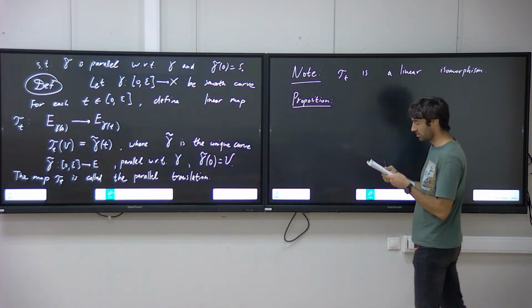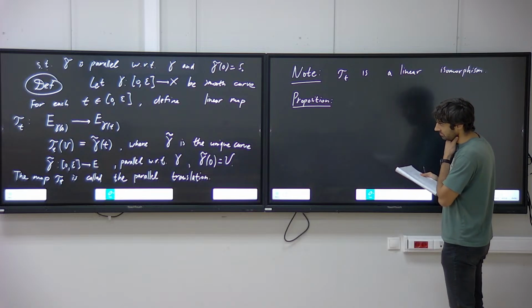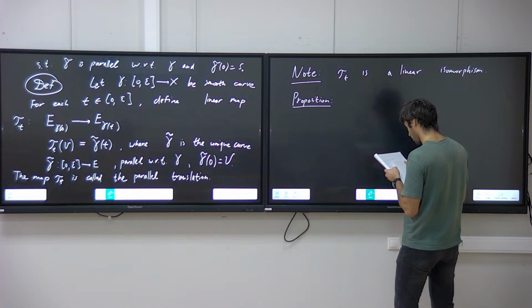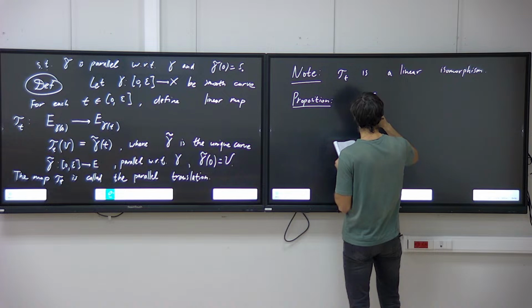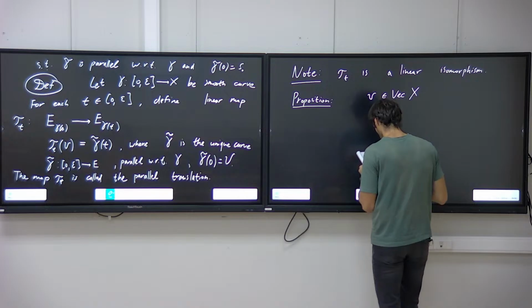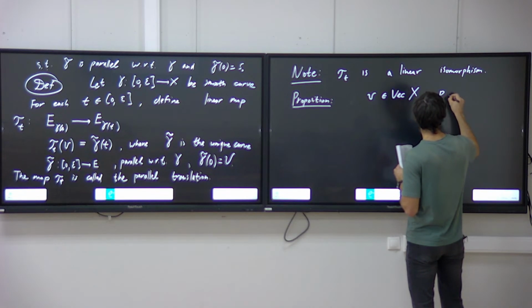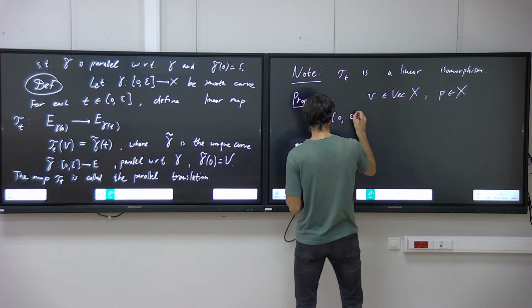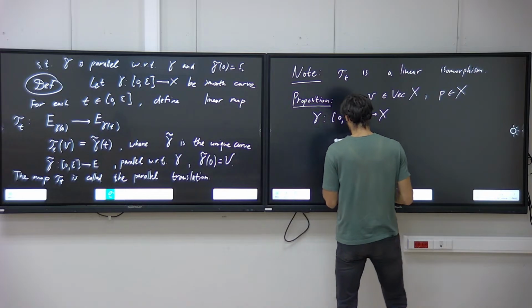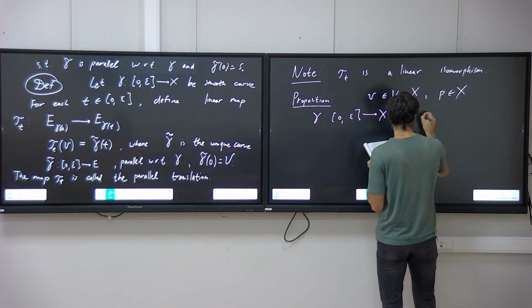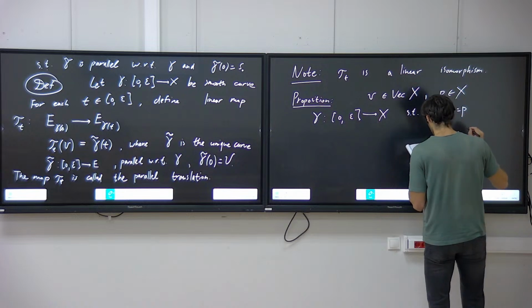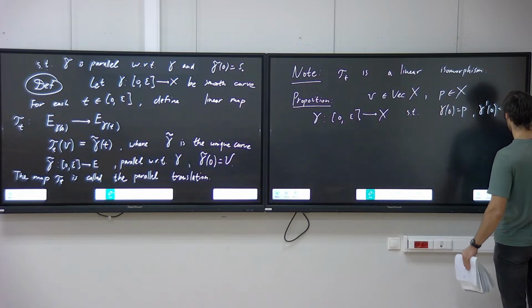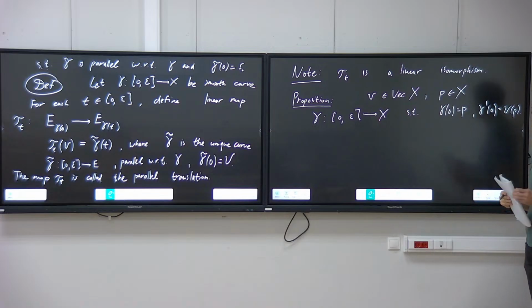Anyways, suppose that I have V, which is a vector field on X. Suppose that I have a point P in X, and I have a curve gamma in X, such that, first of all, gamma of 0 is P, and gamma prime of 0 is V at P. Okay?